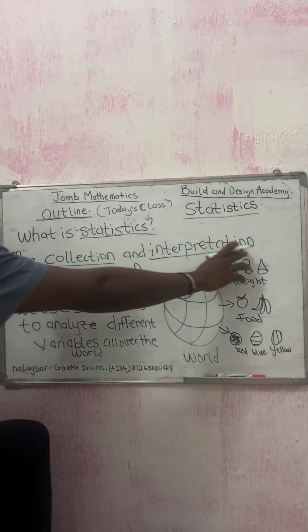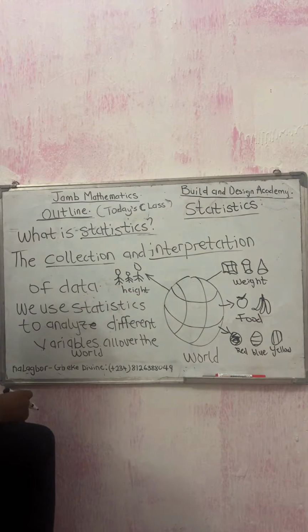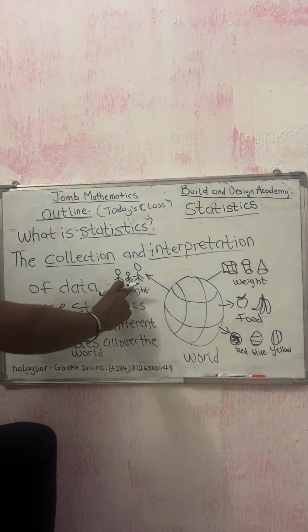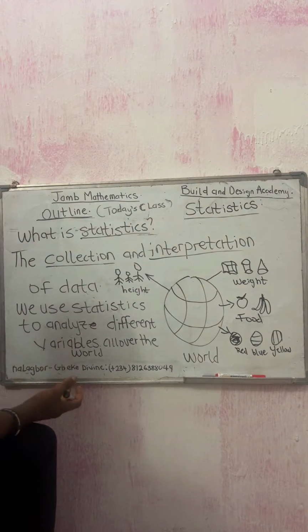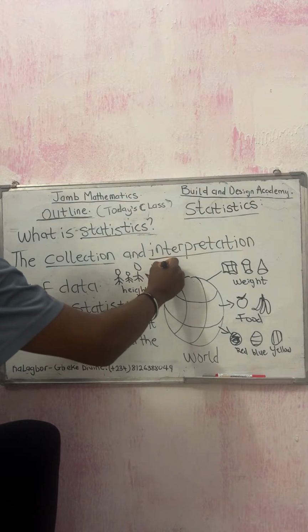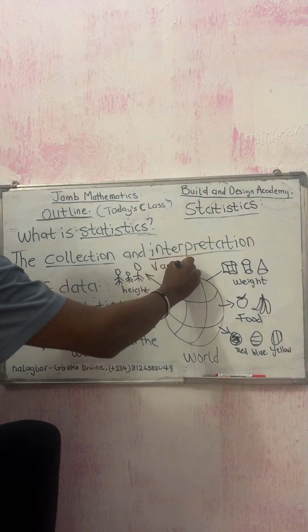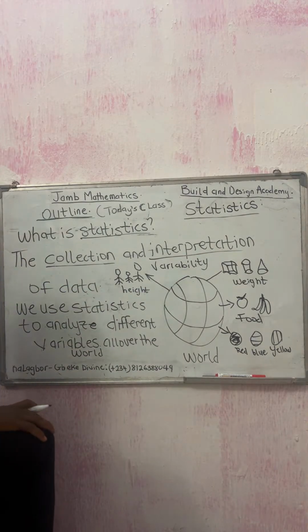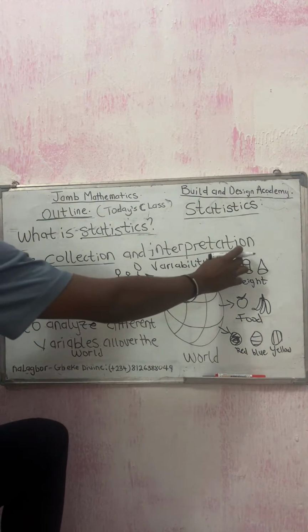These are all variables. They are called variables because they change. Now the height of one person is different from the height of this person, it's different from the height of this person. So it's a variable. It varies. So we call this variability. So statistics is all about studying the variability. Same thing as the cone.